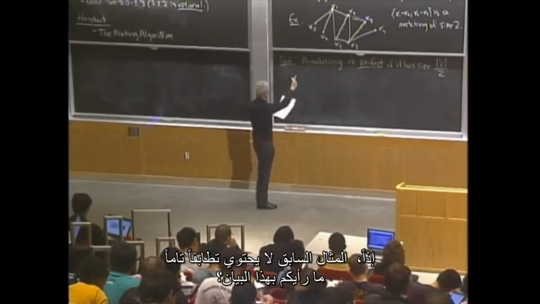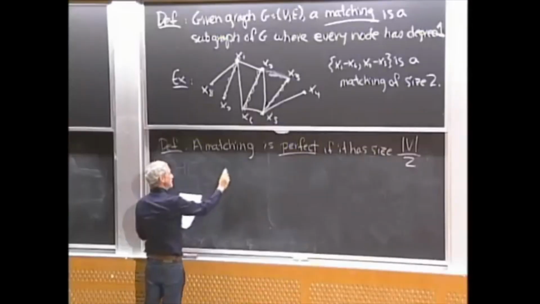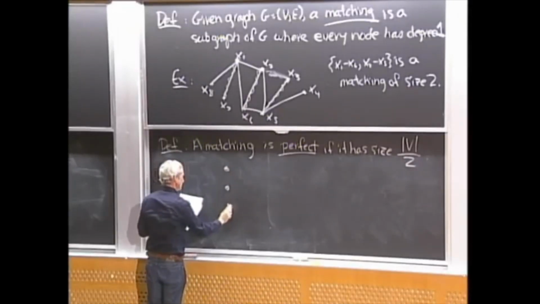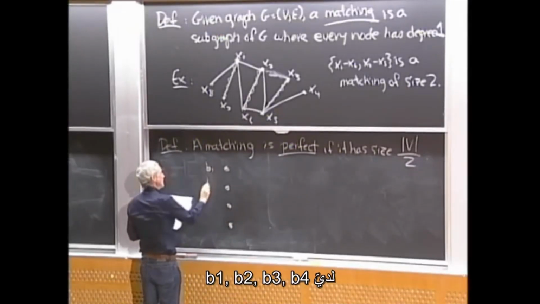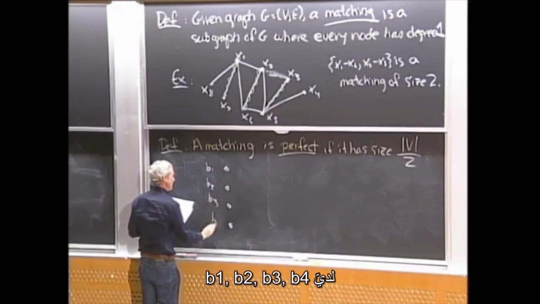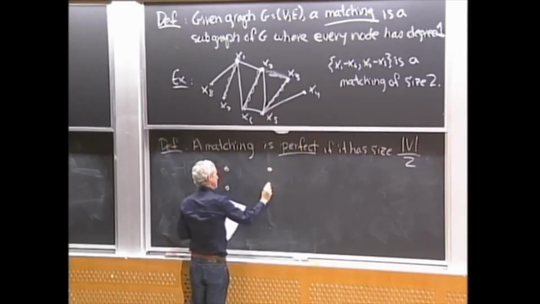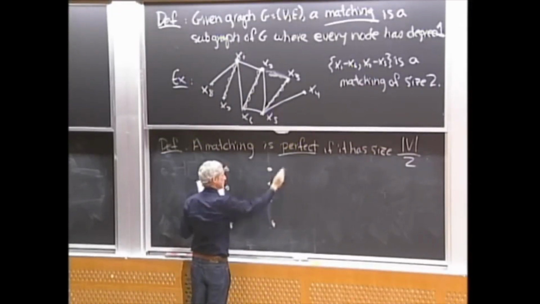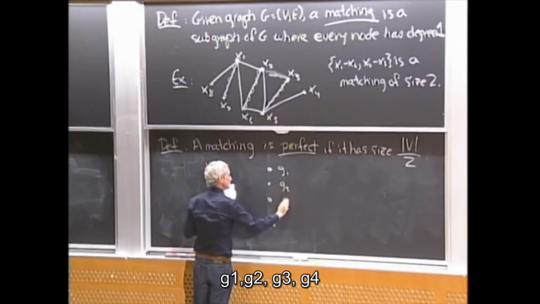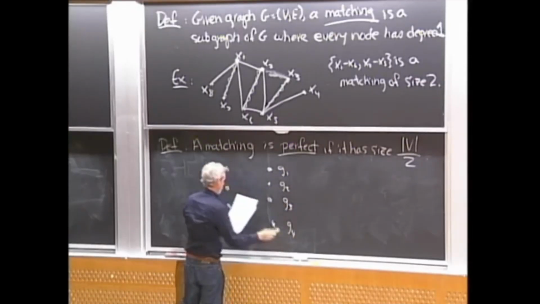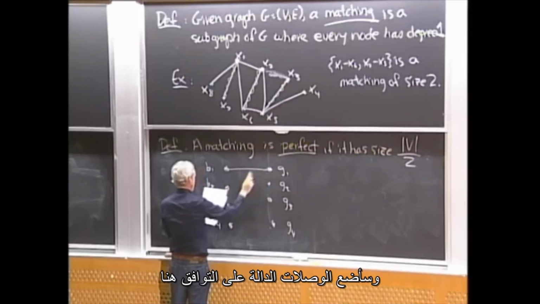All right, so that one doesn't have a perfect matching. What about this graph? So I got B1, B2, B3, B4, G1, G2, G3, G4, and I'll put in the compatibility edges here.